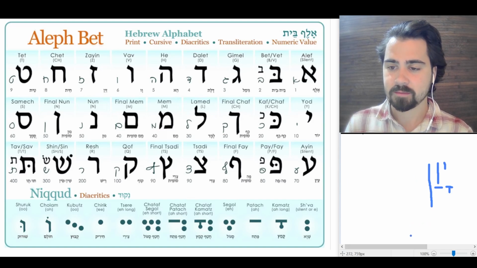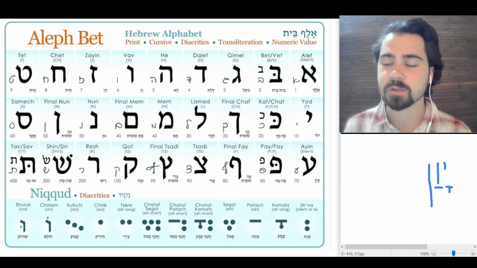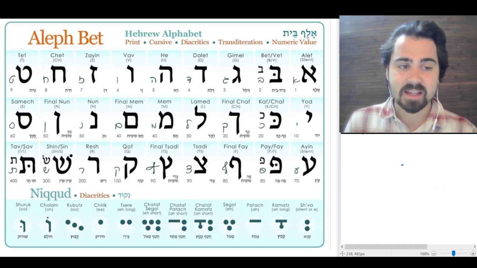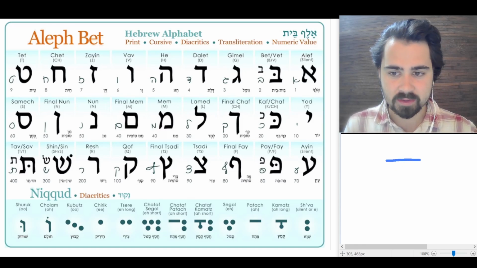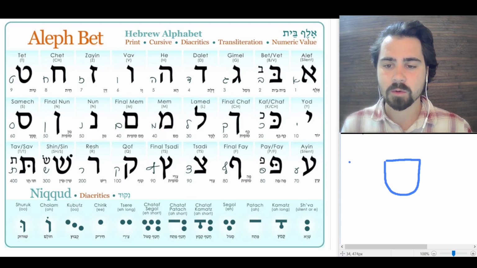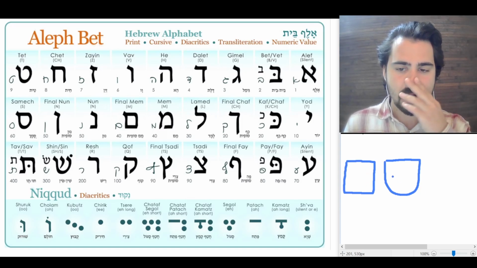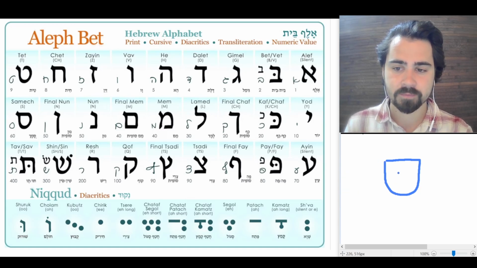All right, so this is how it is. Shouldn't be too confusing. You'll get used to it. Yavan, Greece. Let's keep going. So the next letter after nun, we have one of my personal favorite letters. It is samech. It looks a bit like a final mem, but it's not a box. In the printed version, it looks a bit more like a shield, right?